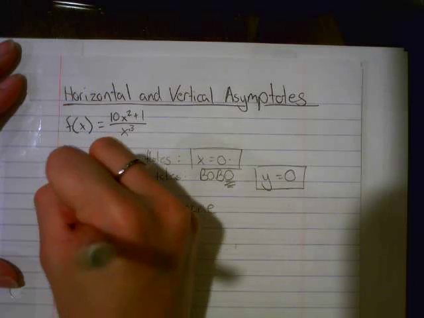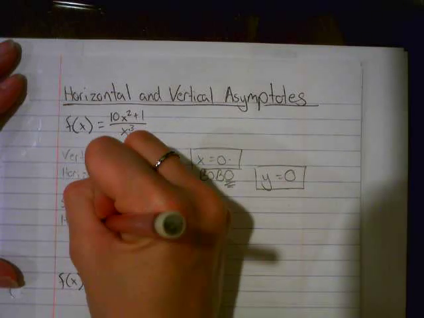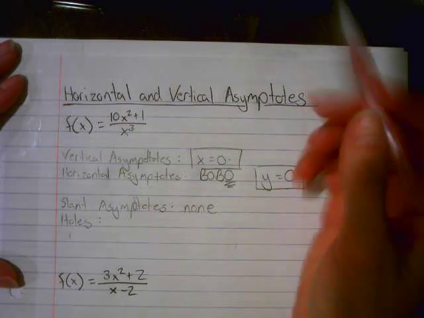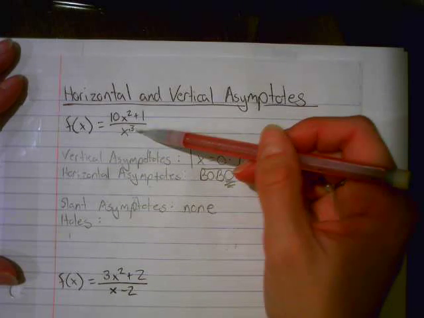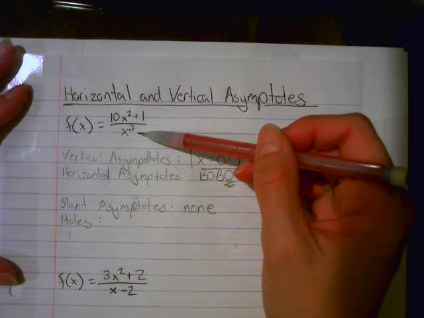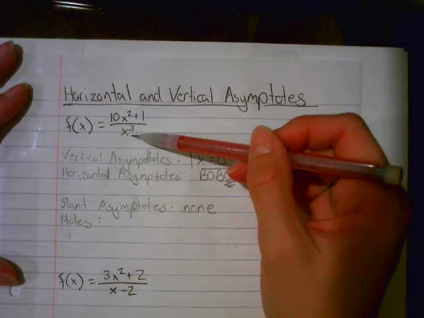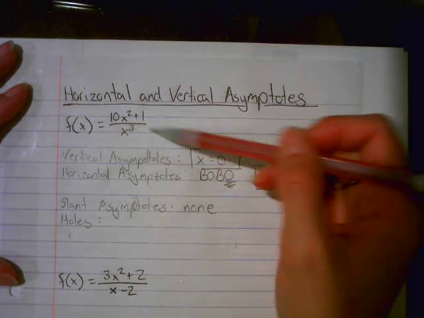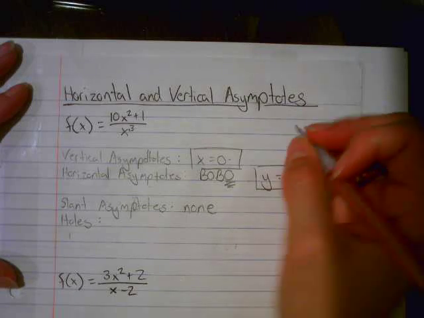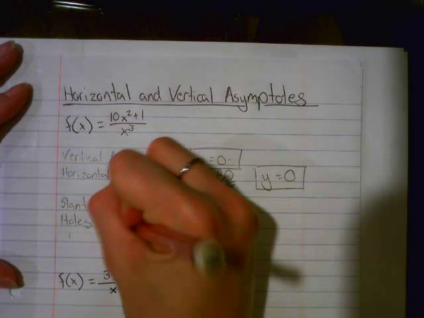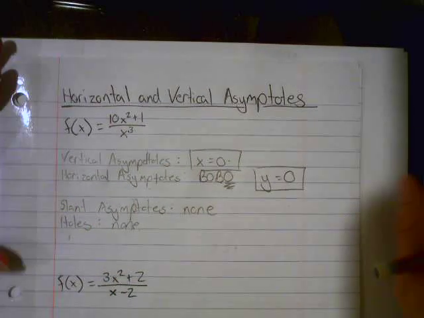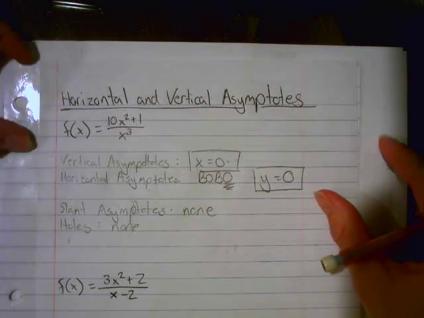And for holes, or what we call removable discontinuities, we're looking to see if we were to factor the top or the bottom, if there would be any common factors that we could cancel out. But looking at this, I've got x cubed on the bottom, and there's no way I can factor out an x on the top and cancel a factor of x, so there's also going to be no holes for that one.